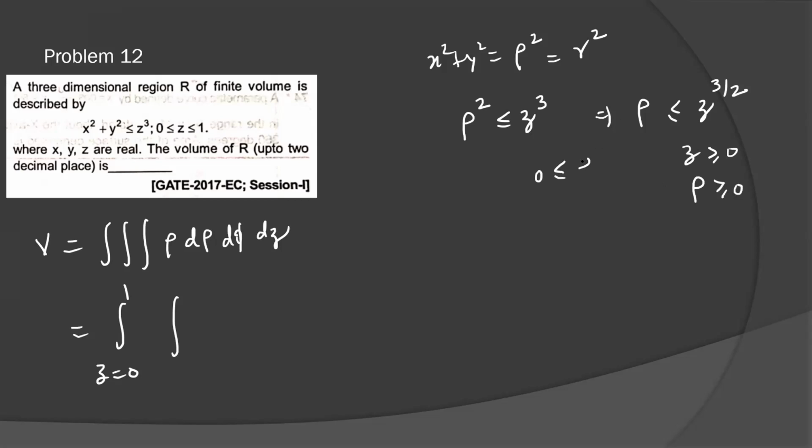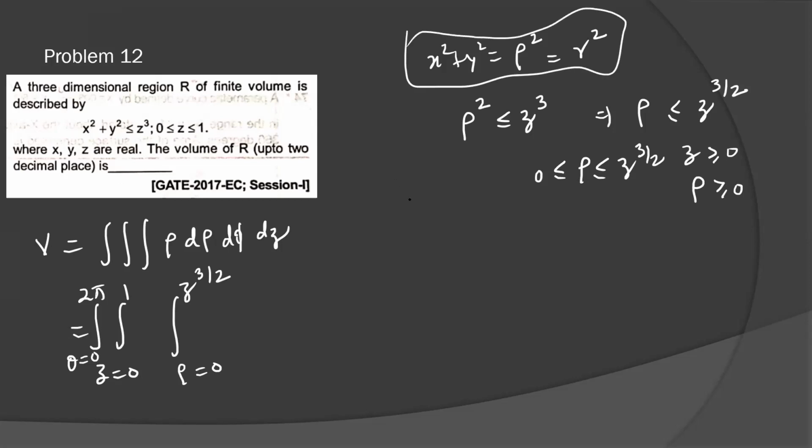So rho will be from 0 to z to the power 3 by 2. And what about theta? Theta will be 0 to 2 pi, because as you put rho square here, it will become a complete circle. Rho, d rho, d theta, dz.